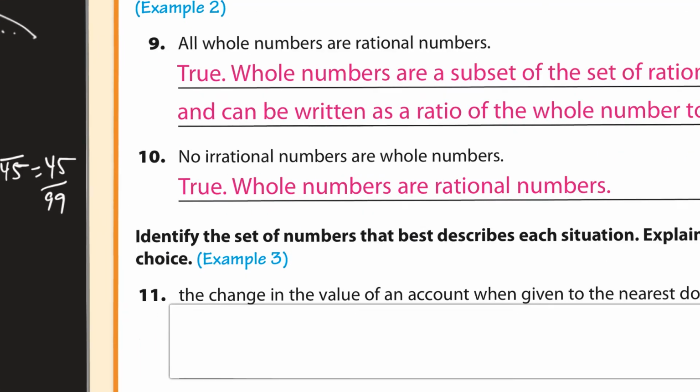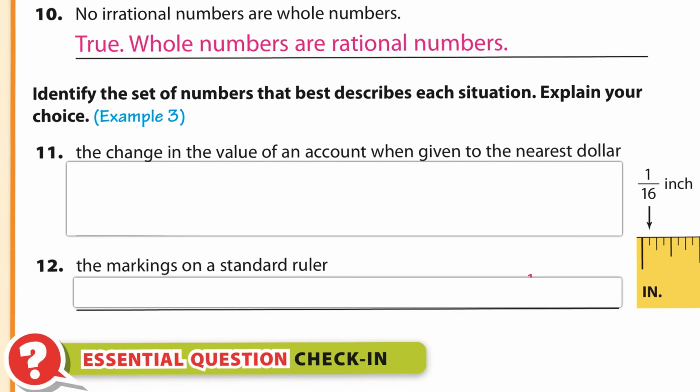And identify the set of numbers that best describes each situation. Explain your choice. So the change in value of an account when given to the nearest dollar. Well, when you're talking about the nearest dollar, those are whole numbers, right?